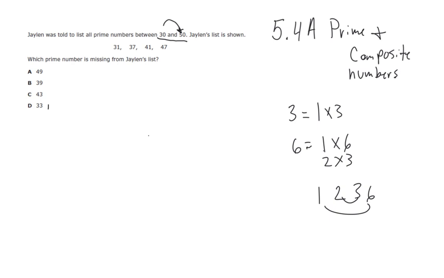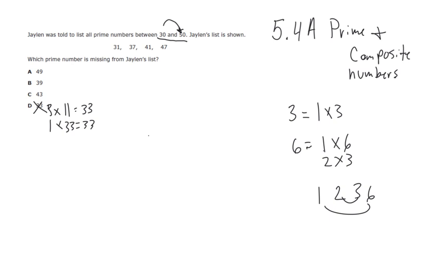That makes 33 a composite number. 3 times 11 gives me 33, but also 1 times 33 gives me 33. Because I know my multiplication facts, I know that 33 cannot be a prime number, so I can go ahead and take that one off.